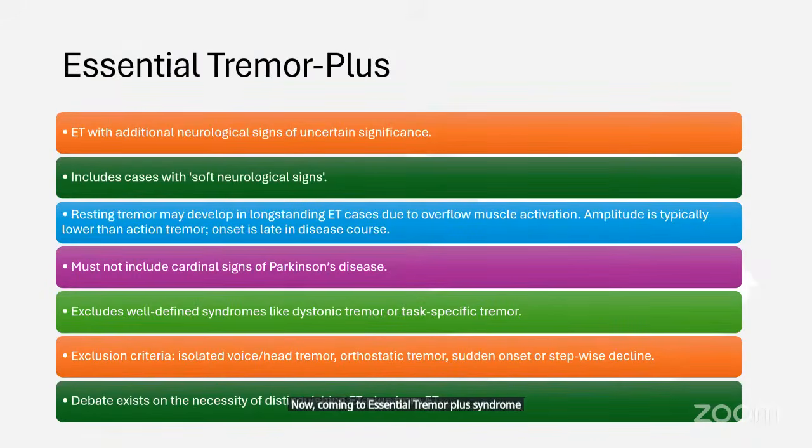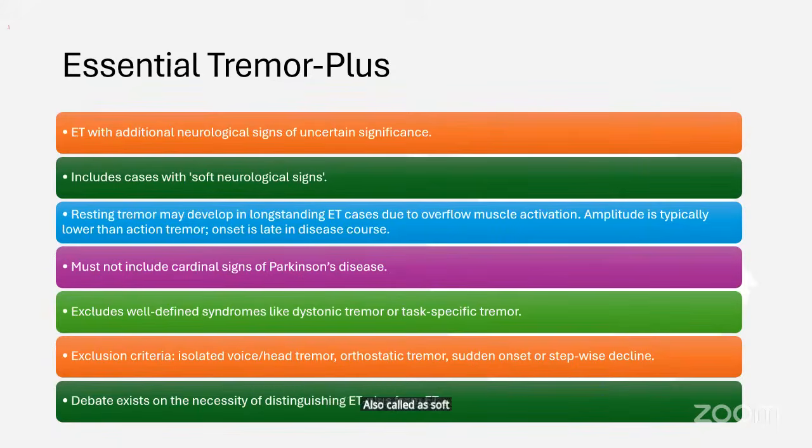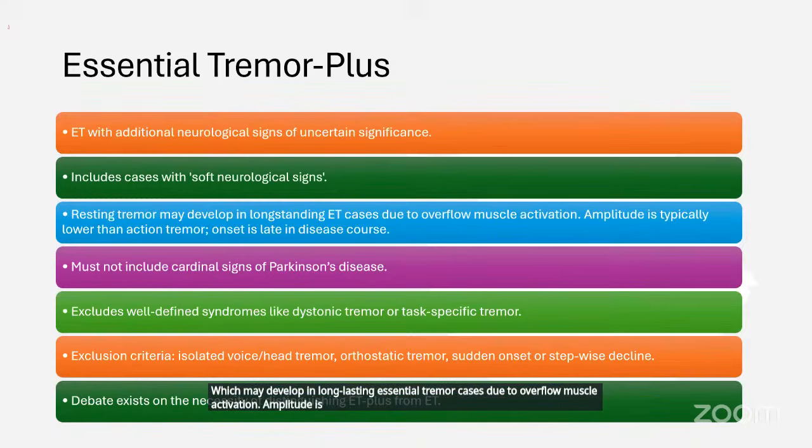Now coming to essential tremor plus syndrome. Essential tremor plus syndrome has additional neurological symptoms of uncertain significance, also called soft neurological signs. These patients have resting tremors, which may develop in long-lasting essential tremor cases due to overflow muscle activation. Amplitude is usually lower than action tremors, and onset is late in the disease course.